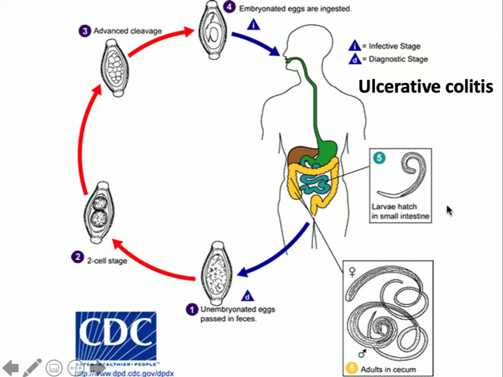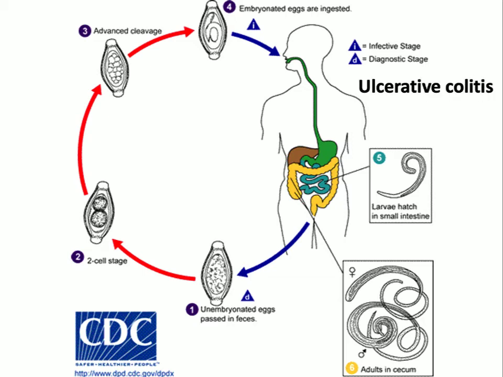So there's no liver-lung migration here. The only organism we've seen so far that does liver-lung is going to be Ascaris. So this is the whipworm, Trichuris, and it is obviously going to cause that nasty little ulcerative colitis and a lot of intestinal upset. Not so fun. Not so fun.